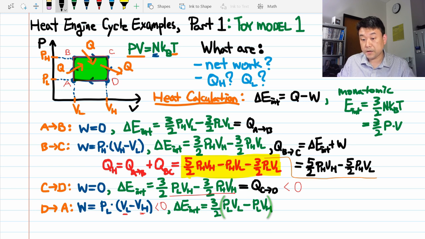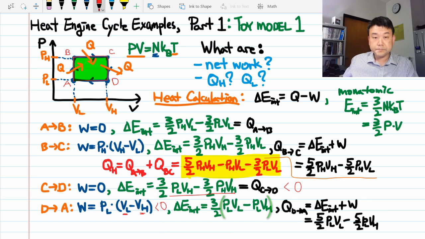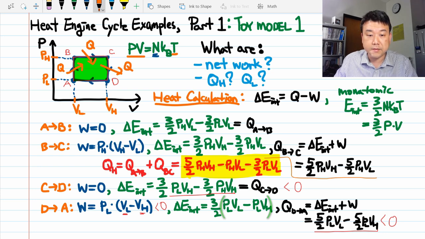As before, because there's work done, the net transfer is not just the change in internal energy, but the change in internal energy plus work done. Writing it aloud, 5/2 PLVL minus 5/2 PLVH. That's the result. When you look at this expression carefully, you can see that it's a negative quantity. That means as the gas undergoes process D to A, there's a heat outflow.